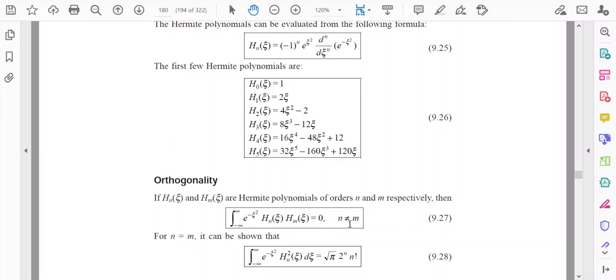For n equal to m, the same relation can be written in this way, that is the integral from minus infinity to plus infinity of e to the power minus zeta square H n square zeta d zeta is equal to root pi 2 to the power n n factorial. Here the derivation is not shown, but I advise you to go through some standard textbooks where you can find the derivation of this particular orthogonality relation.